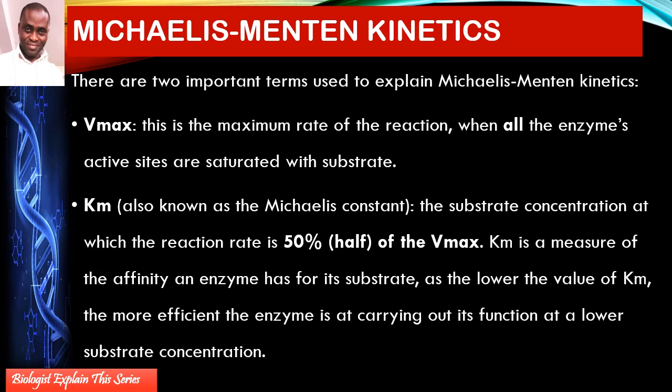And the Km, called the Michaelis-Menten constant, talks about when an enzyme is working on the substrate, meaning there is dynamic progress going on. When there's dynamism, you get to a point where you can determine the rate of reaction at the early stage of the reaction. It's always best to determine the rate of reaction within the first few seconds of a reaction, because enzyme reactions are fastest at the early stage.